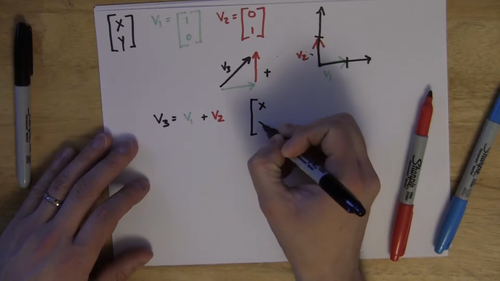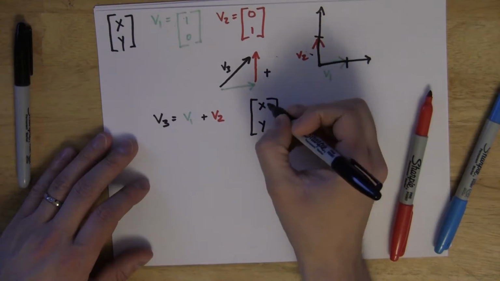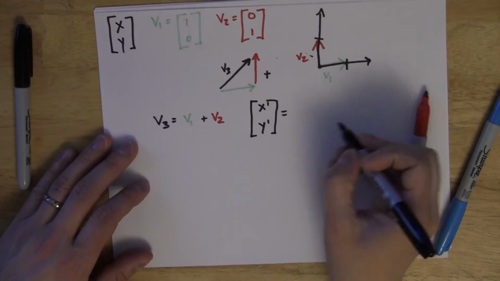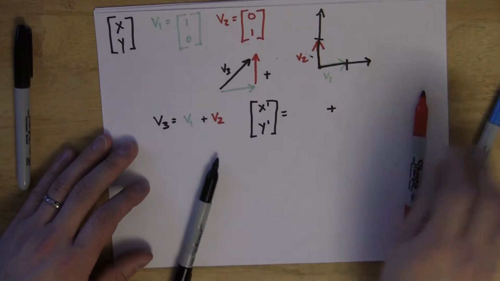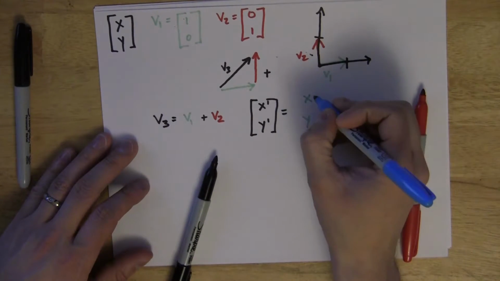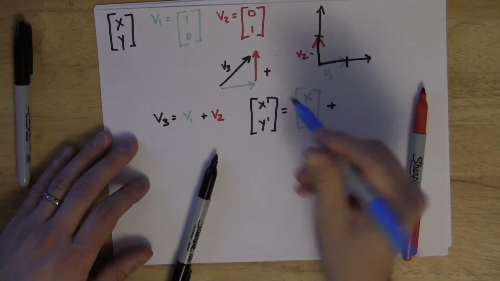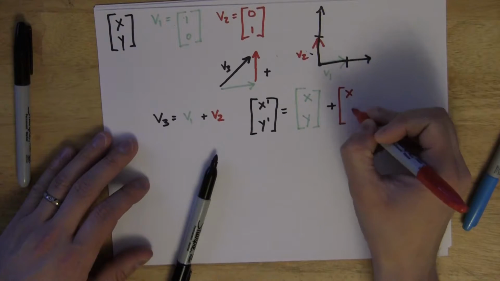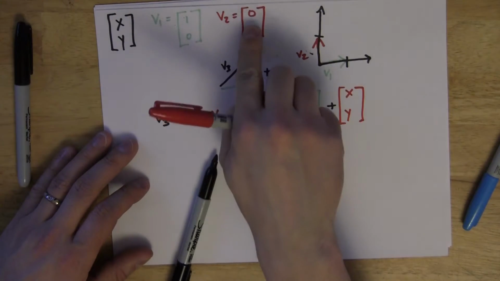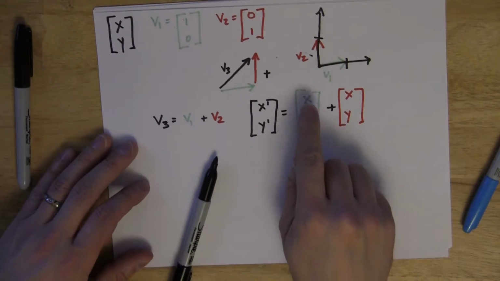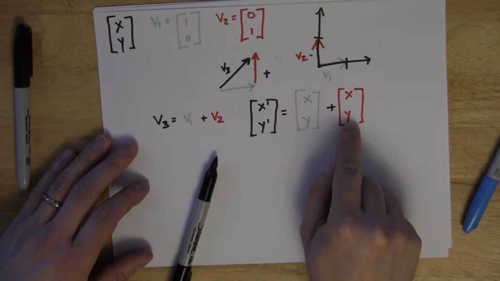The x term and the y term, which I'm going to call x prime and y prime to differentiate them, is going to look like the following. X and y from V1 combined with the x and y of V2. Alright? We're going to combine like terms. That is, the x's combine and the y's combine.